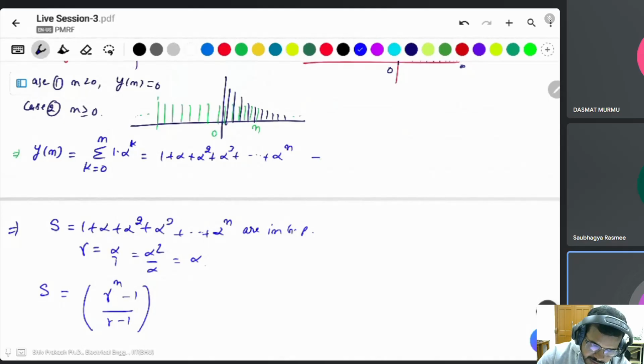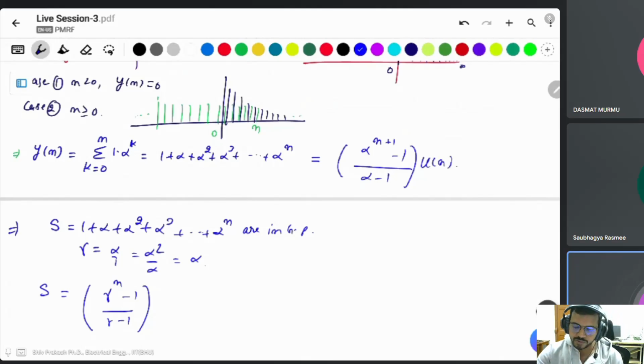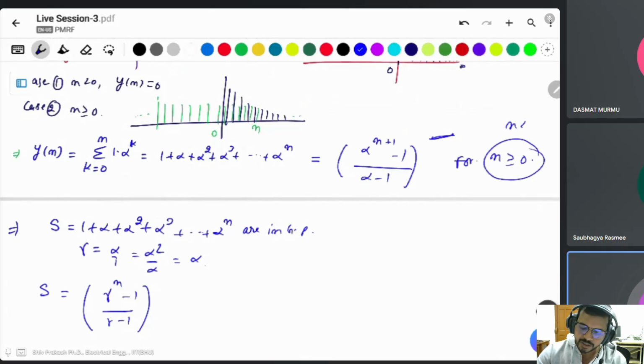That's why this will look like alpha power of n plus 1 minus 1 divided by alpha minus 1, multiplied by un after the 0. This is the answer. Or you can say, for n greater than or equal to 0, and if n is less than 0, this will be 0.